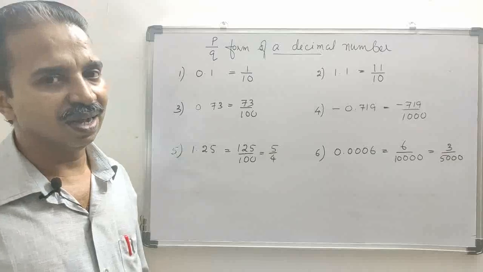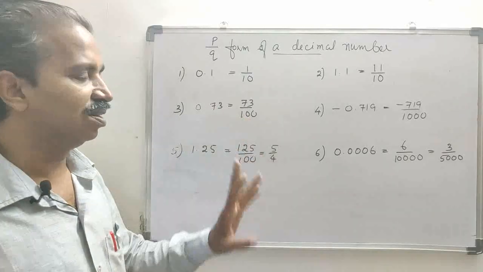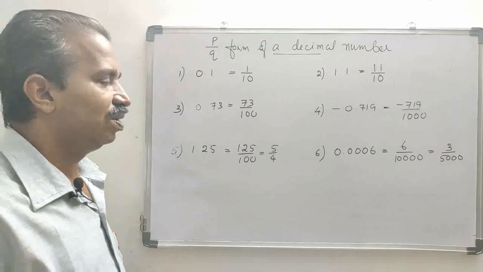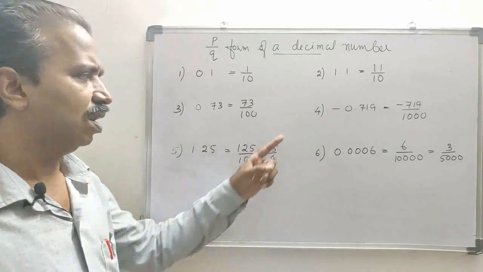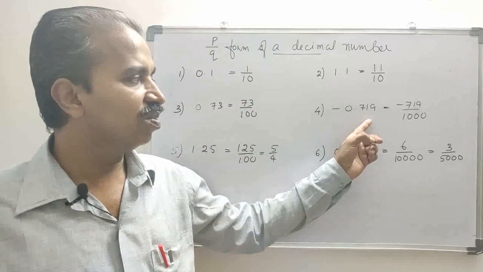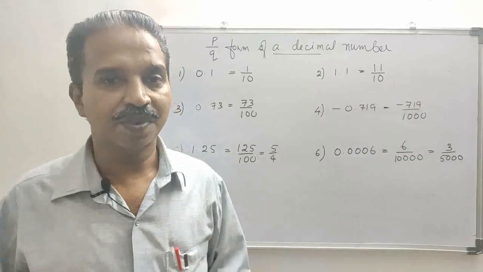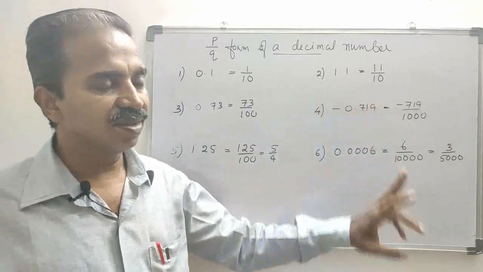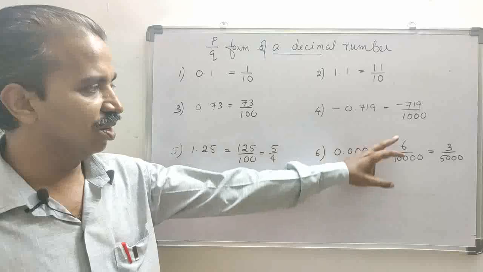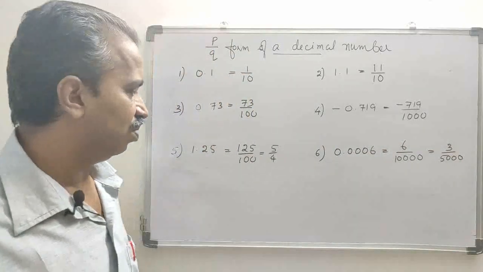So that means 100. So 73 upon 100 we get. Now the fourth one is a negative number. Number without decimal point is minus 719. There are 3 digits after decimal point, so denominator is 1000. So minus 719 upon 1000.